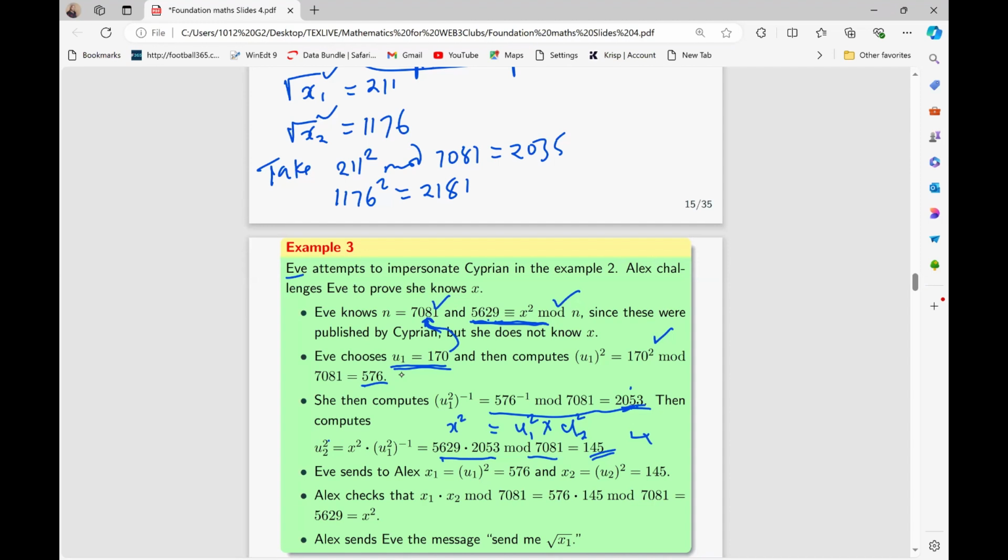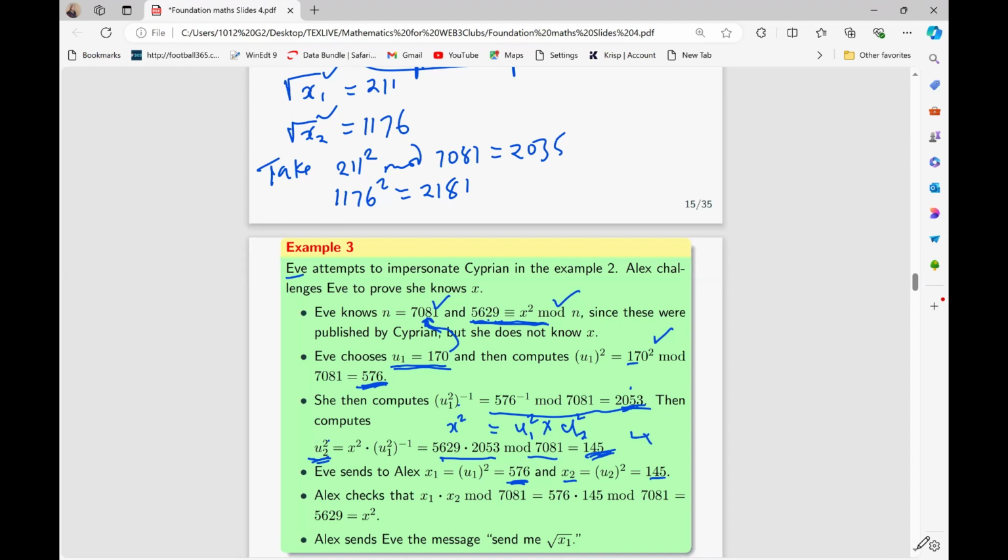She calls this square of u1, 576, x1. And this square of u2, which is 145, she calls x2.